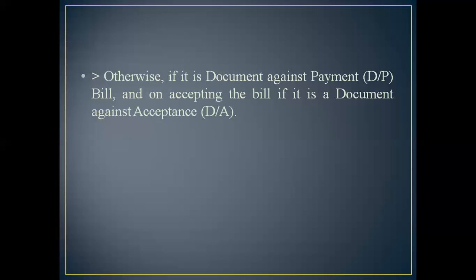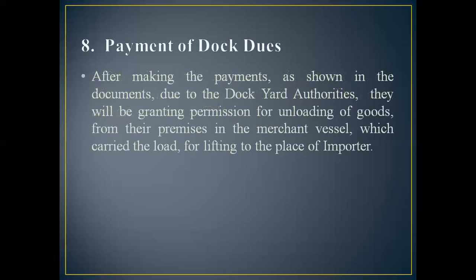The second one is documents against acceptance, where if it is just accepted, the goods will be lifted and payment will not be insisted, because the name itself clearly indicates that the goods are meant with documents against acceptance.